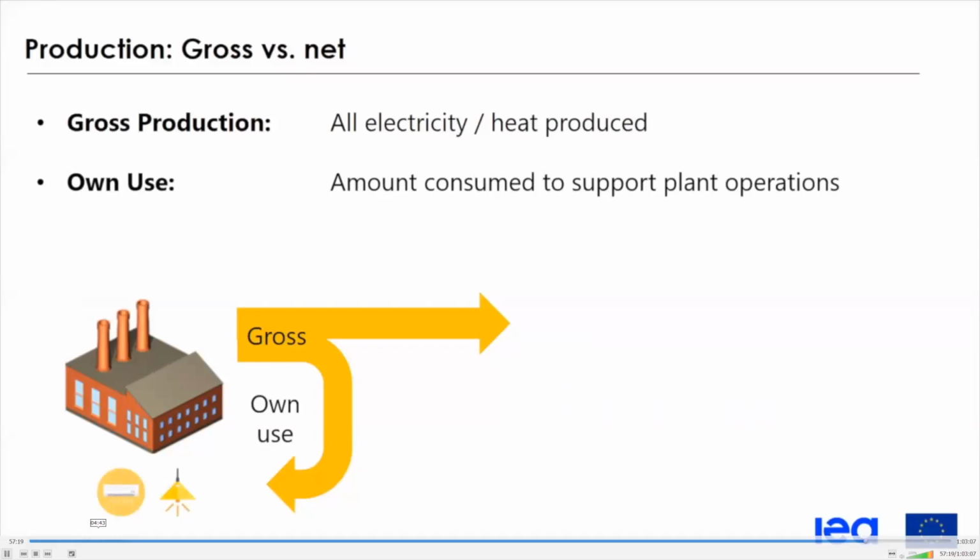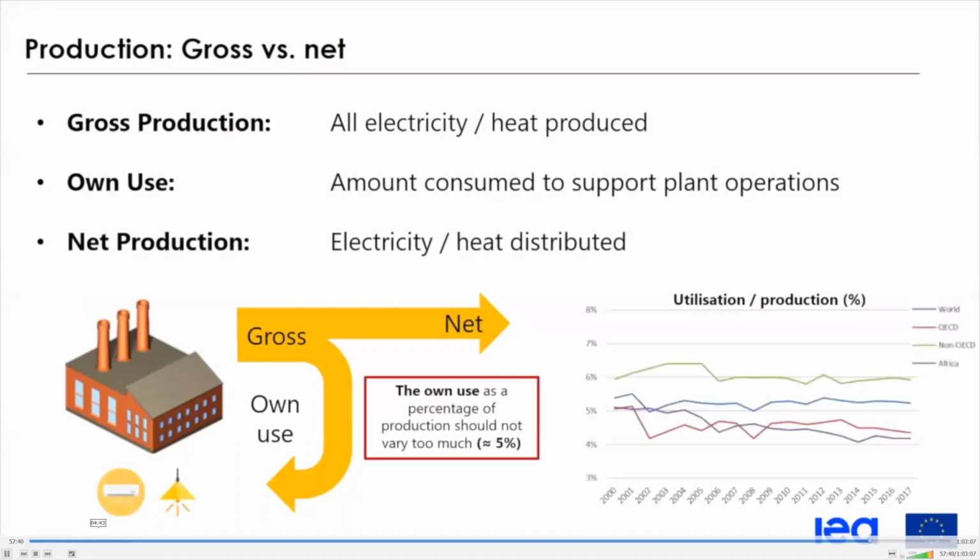This is referred to as on-use. The remainder that is left after subtracting the on-use is the net production.